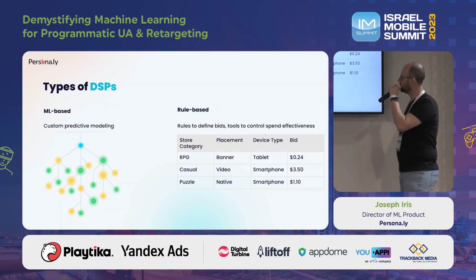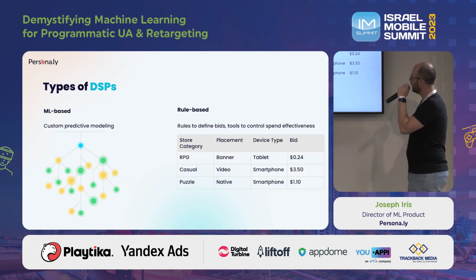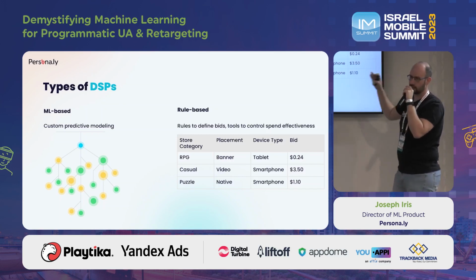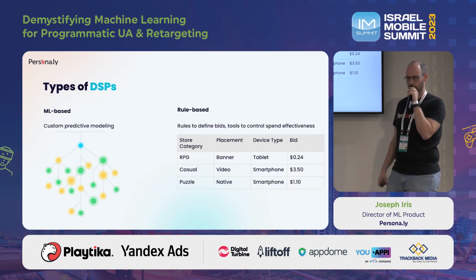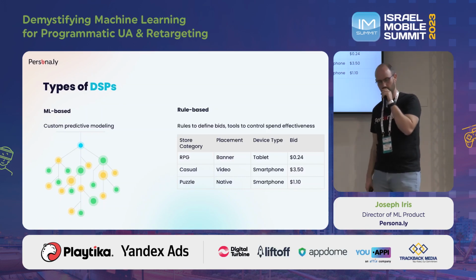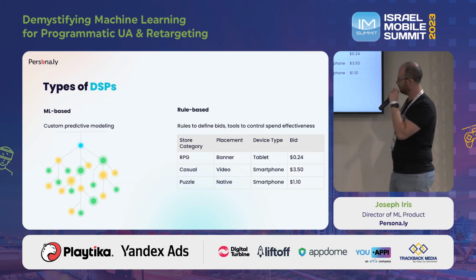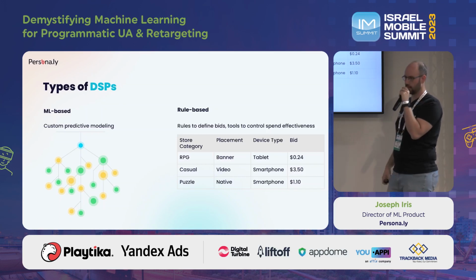In these examples, you can see line items where for a specific category, a specific ad creative, and a specific model, you would bid a specific bid according to your historical performance. This can work, obviously, these companies exist, but it's either very specific or not really scalable and usually very frustrating.